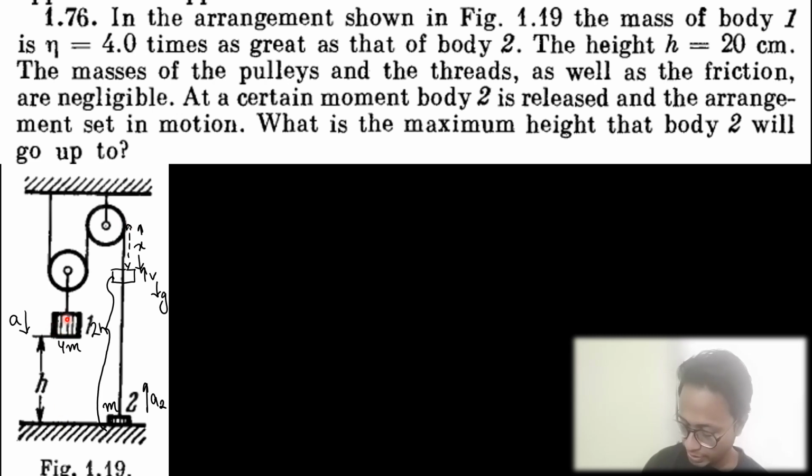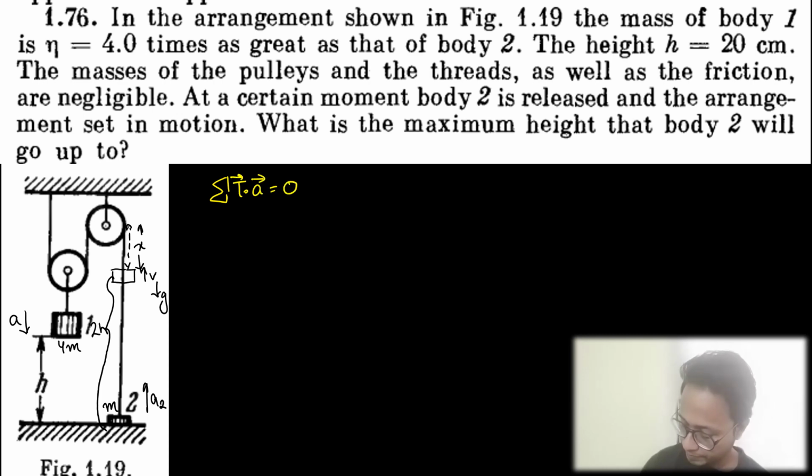The initial position is this, velocity is 0, this velocity is 0, and the setup is kept like this. As soon as this block reaches out here, find the total height of the block of mass m. Understood?